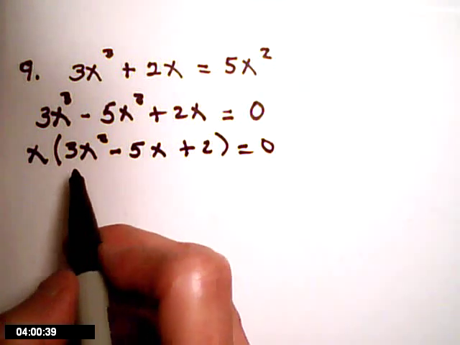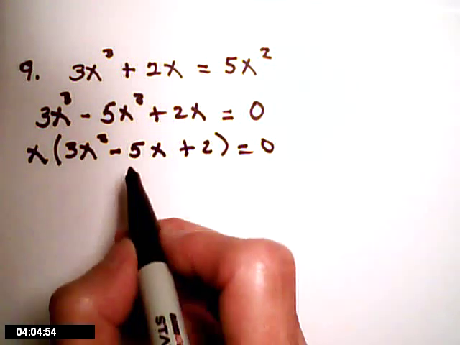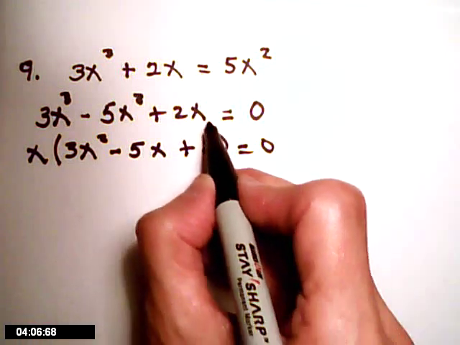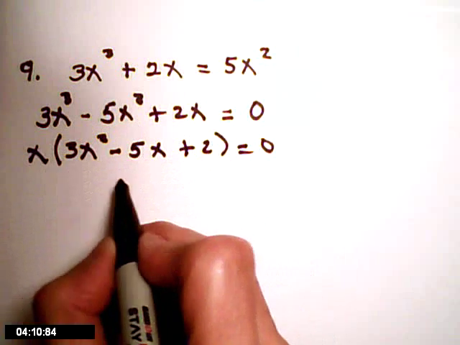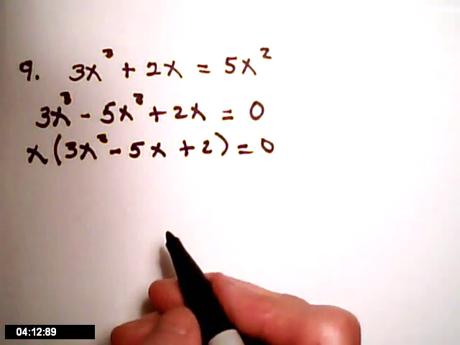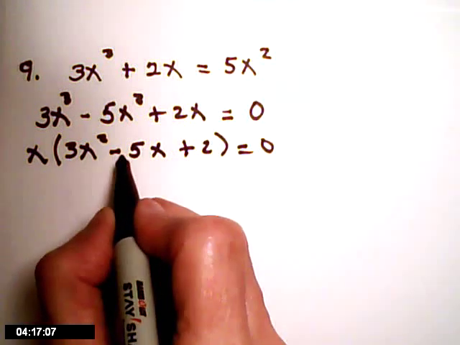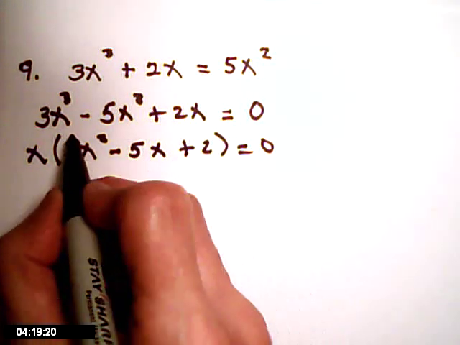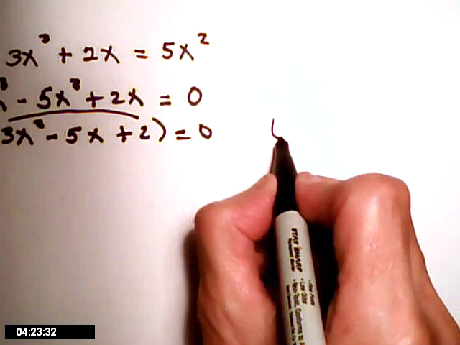Now, if you'll notice, this x equals 0 is going to be one of my factors. But now I have a quadratic trinomial right in here. And I'm going to work that just like I did the last example. So I'm going to work with 3x squared minus 5x plus 2. Multiply the first and last, that'll be 6.